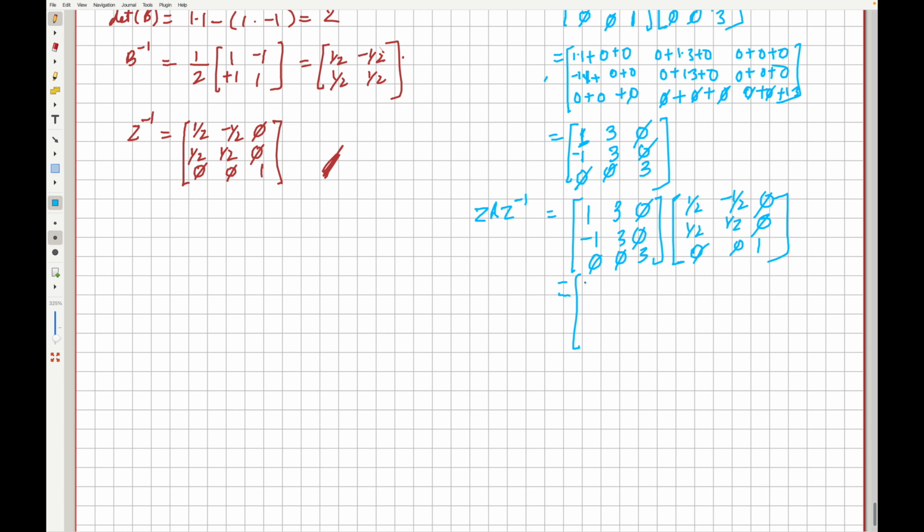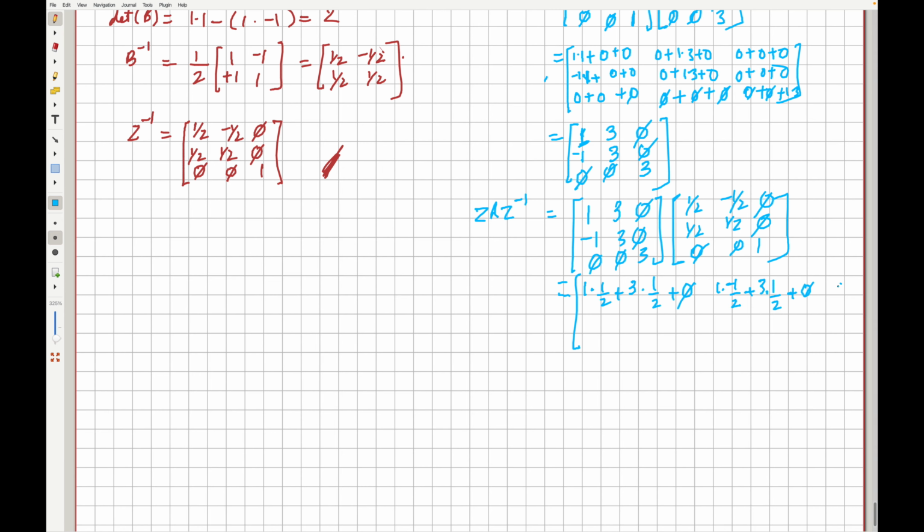This is 1 times 1 half plus 3 times 1 half plus 0, and then we have 1 times minus 1 half plus 3 times 1 half plus 0, and then the next one is just 0 times 0.